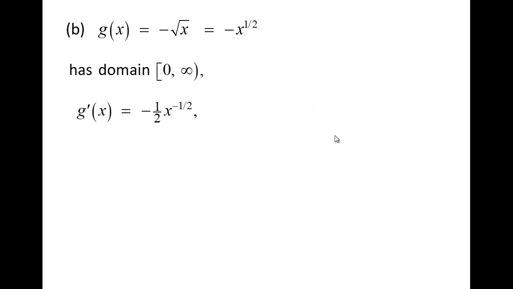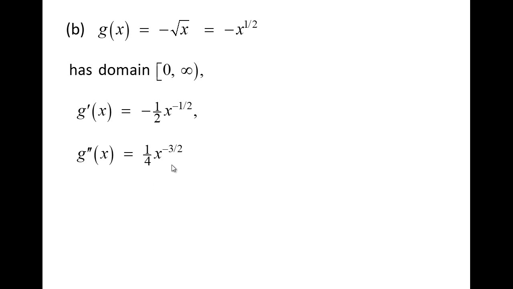g of x is negative root x. In this case, the domain is from 0 to infinity. The first derivative is negative half x to the negative half, and the second derivative is going to be 1 over 4 times x to the negative 3/2.